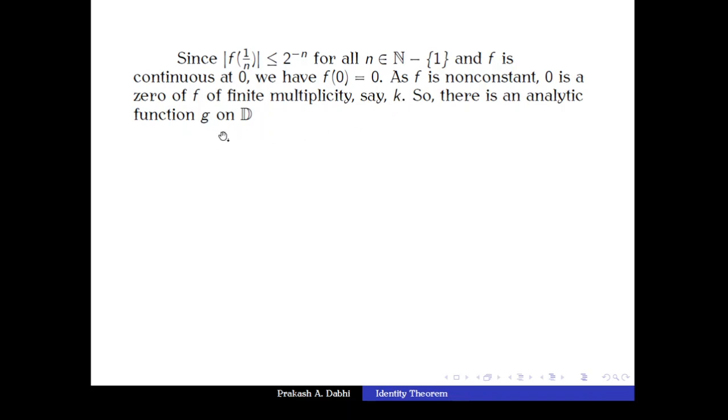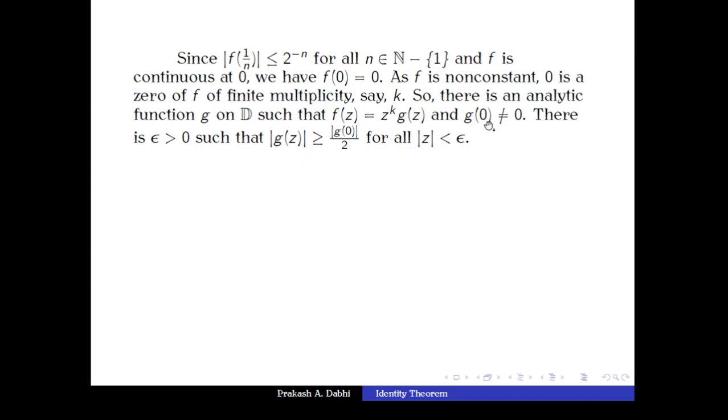and an analytic function g on D such that f(z) is of the form z^k g(z), and one more condition, that g(0) is not equal to 0. So because g is analytic and g(0) is not equal to 0, by continuity of g at the point 0 we get some positive epsilon such that |g(z)| is greater than or equal to |g(0)|/2 for all z satisfying |z| less than epsilon.